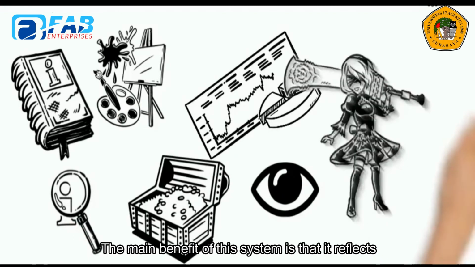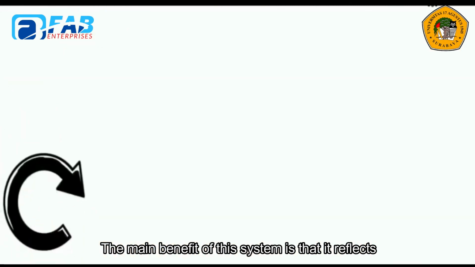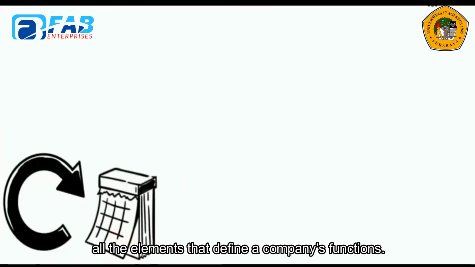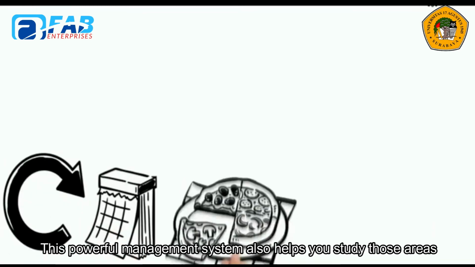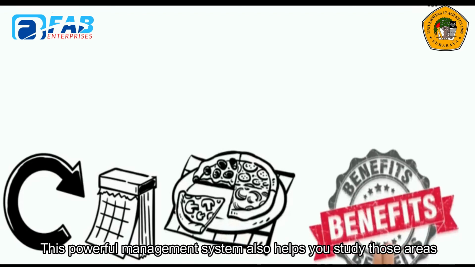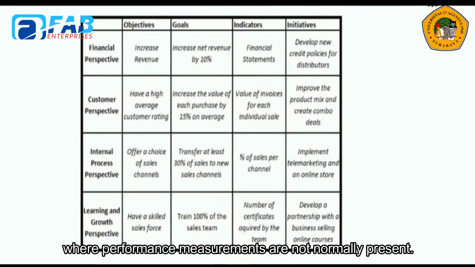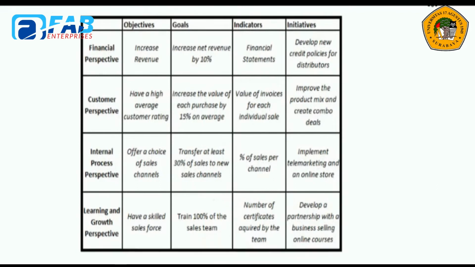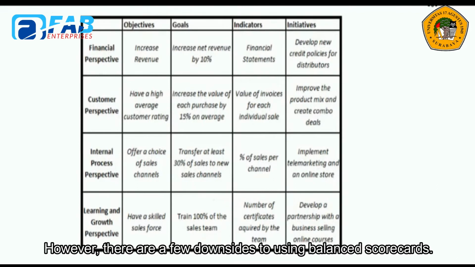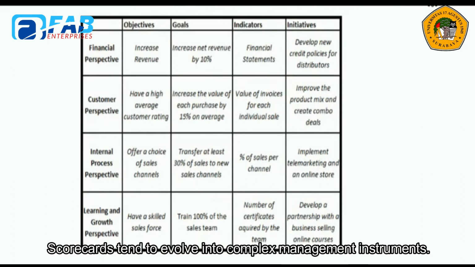The main benefit of this system is that it reflects all the elements that define a company's functions. This powerful management system also helps you study those areas where performance measurements are not normally present. However, there are a few downsides to using balanced scorecards. Scorecards tend to evolve into complex management instruments.